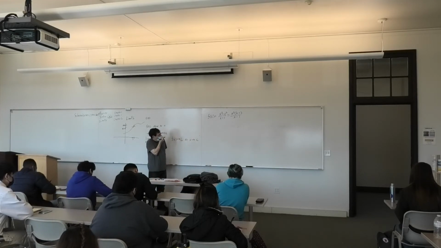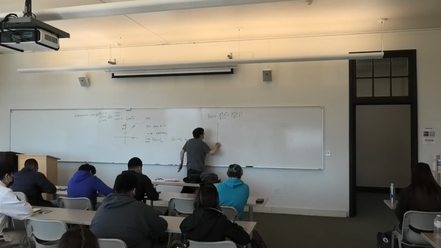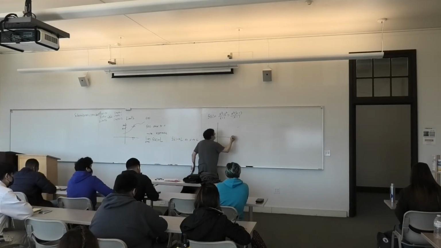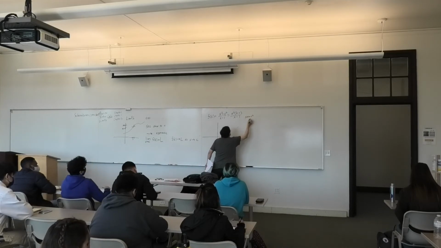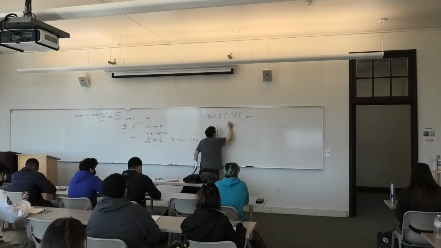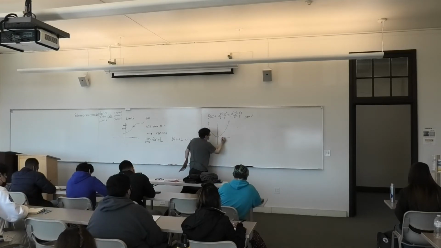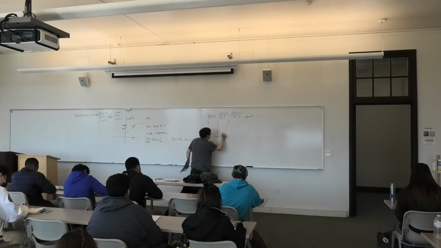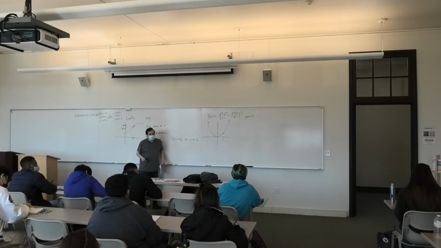So let's think about what the graph of this looks like. It looks a lot like f of x equals x squared, which is our parabola. But at 1, there's kind of a hole in the graph, right? It's undefined there.